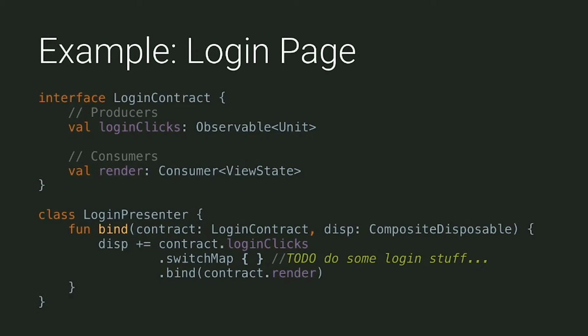So in this case, for instance, we have our login clicks. We map them to some sort of API call, whatever is happening behind the scene. And in the end, with that bind method, we are using the consumer of the contract to get the data back to the user.